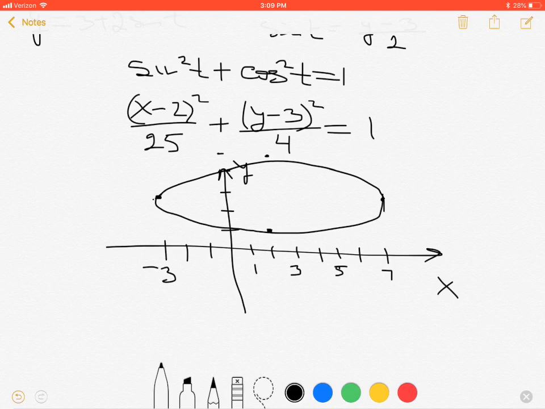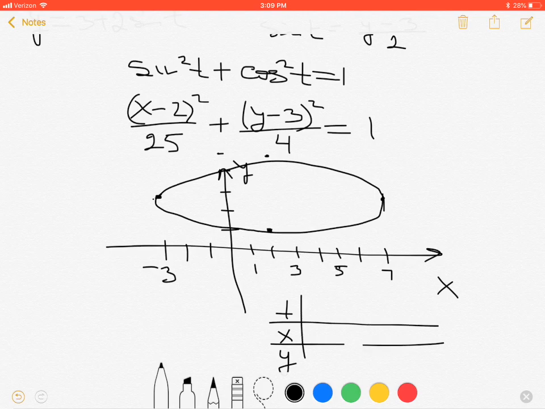Okay, and now we need orientation. For orientation, I use a table with x and y. I need only 2 points, and I plug in something very simple: 0 and pi over 2. If t is 0, my x will be 7 and y will be 3.